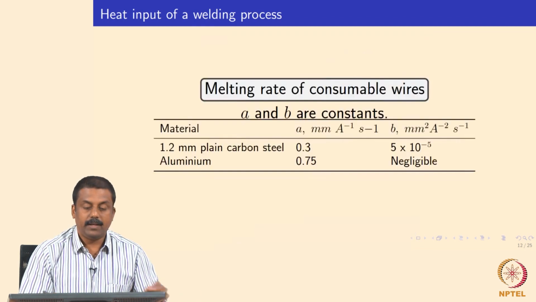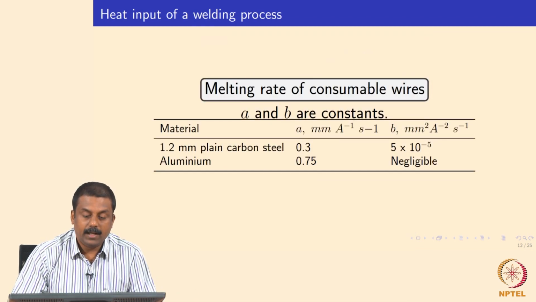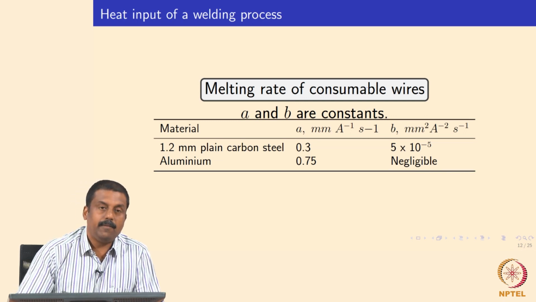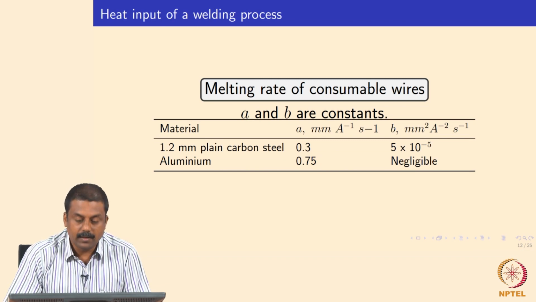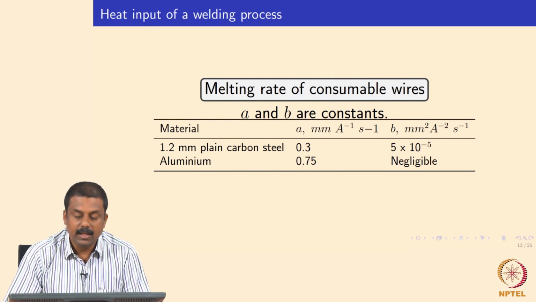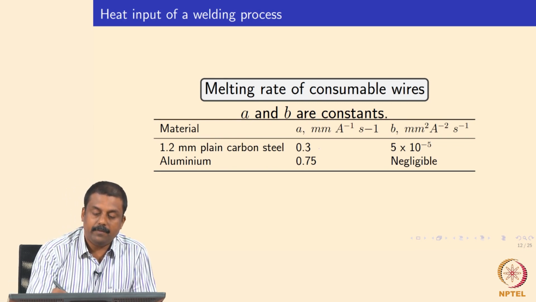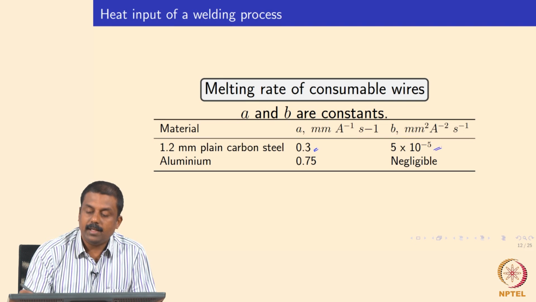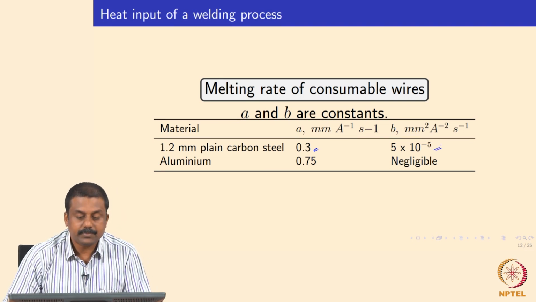I have given some of the constants A and B for commonly used welding wires. For example, for a 1.2 millimeter plain carbon steel filler, we can get A and B calculated from experiments. For example, A varies from 0.3 and B is 5 times 10 to the power minus 5.